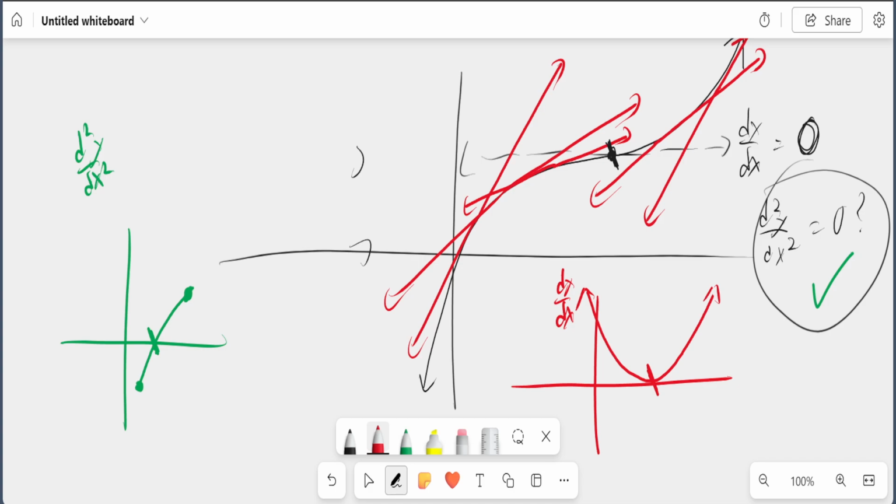This is essentially a minimum for our double derivative as well at that point, a point of inflection. You can also think of it as a critical number for your derivative. When it changes, it has to change.